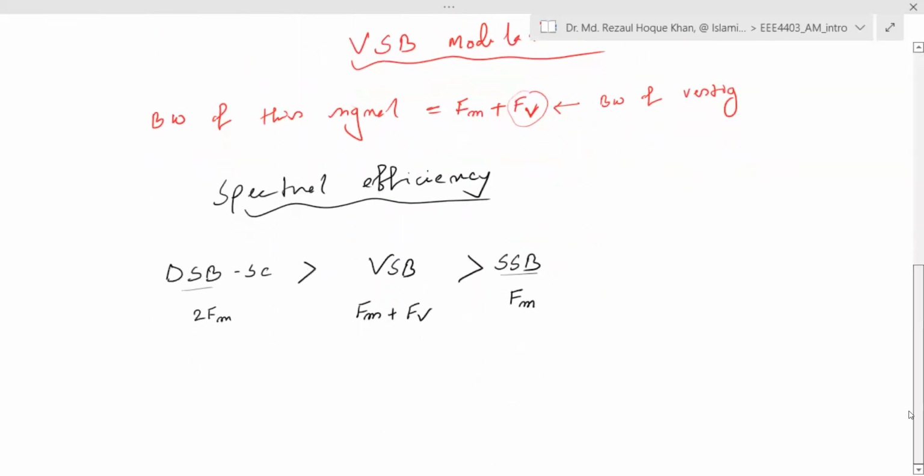But why is it desirable? Why vestigial sideband?